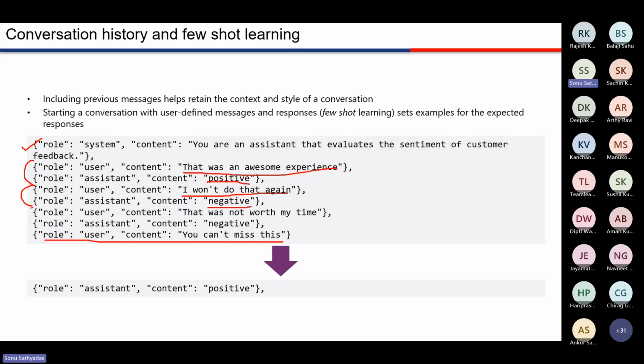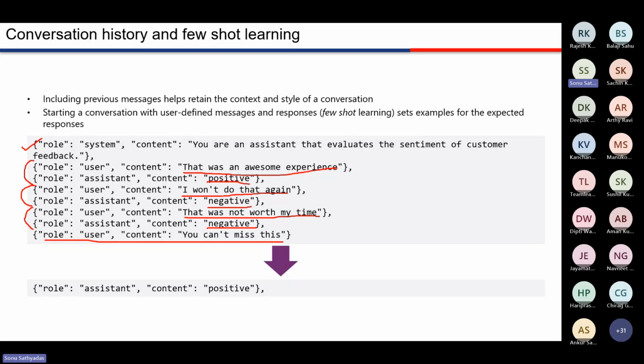And this is the third example, where we provide one more feedback, and it says whether it is negative or positive. So from the three examples, the model understands that whenever the user gives a feedback, I have to just say positive or negative, nothing else. From the previous conversations, it understands I am supposed to answer positive or negative only.